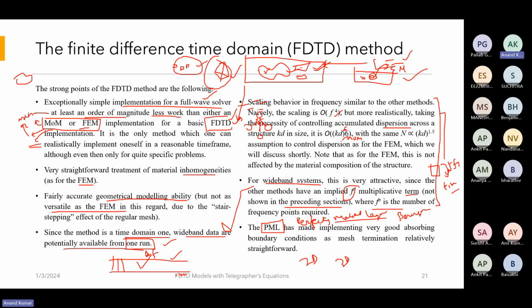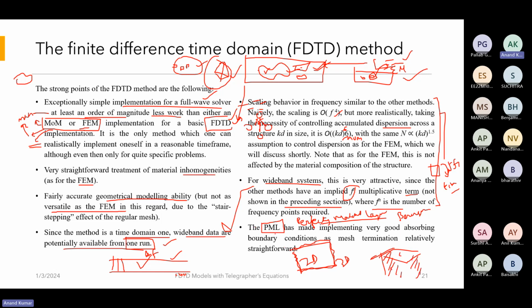So the perfectly matched layer is very popular in FDTD, and you will be using it to terminate your simulation space. For example, if it is 2D and you are simulating this particular region, you will have PML over here, here, and here, so that there are no reflections from these boundaries. And similarly for 3D, PML will be at each surface, so that there is no reflection from the boundaries.